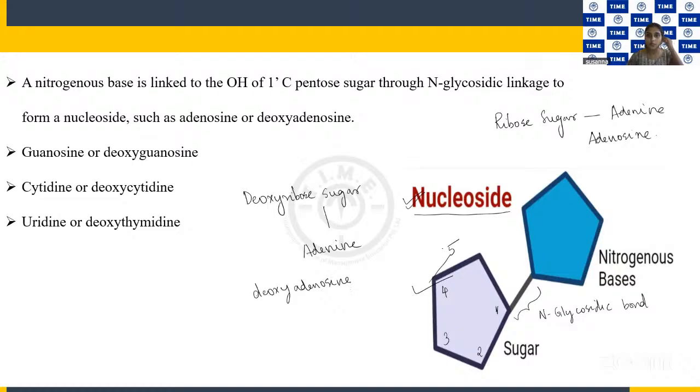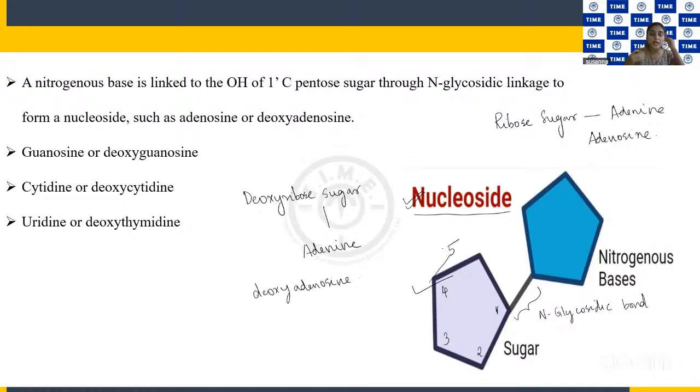I hope you are clear with this. So we can name it based on the type of sugar to which the nitrogenous base is added. That can be either a ribose sugar or a deoxyribose sugar.